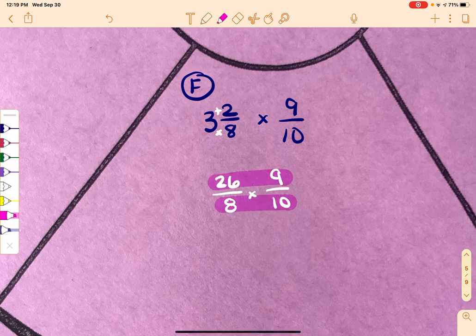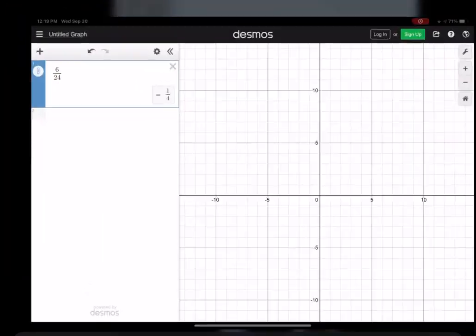And now we're going to start to multiply across. So 26 times 9 is 234. 8 times 10 is 80. So I have 234 over 80. So now I'm going to reduce.